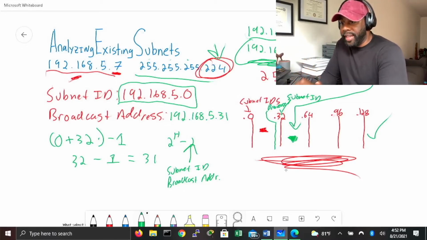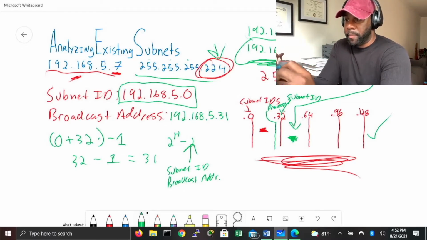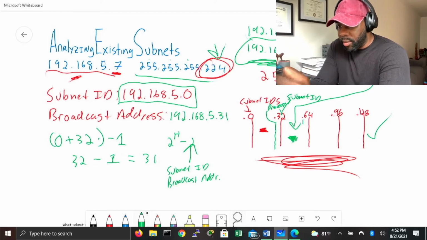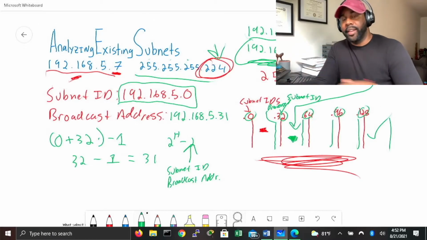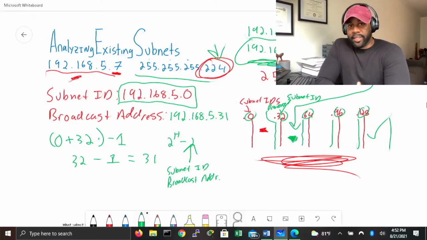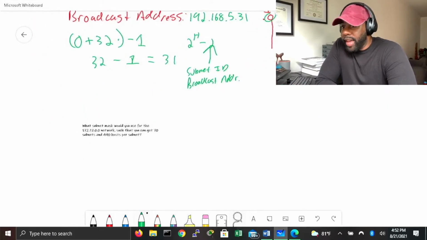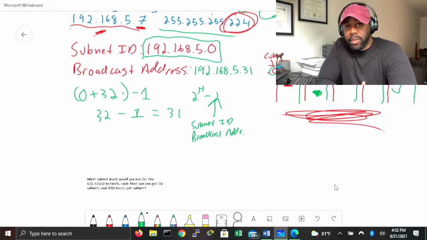So we have these boundaries: subnet ID, broadcast address, subnet ID, broadcast address, and whatever that next subnet is. That's our first problem. Pretty straightforward.